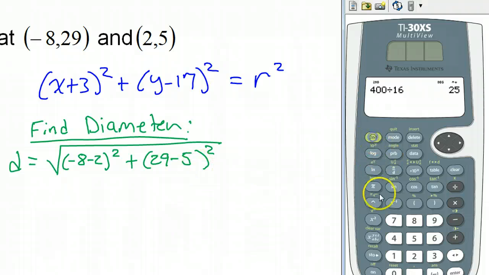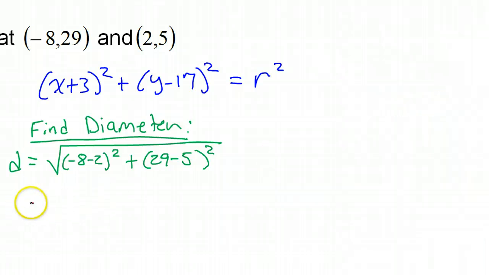So I'm doing the square root of, let's see, -8 minus 2 squared, and then plus 29 minus 5 squared. So that gives me 26. So my diameter is 26.